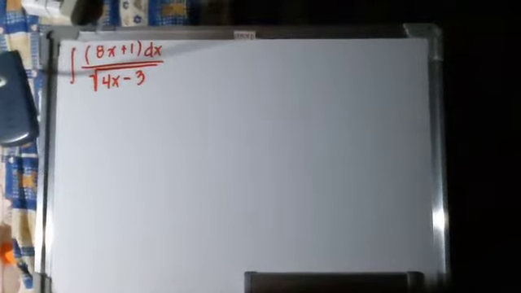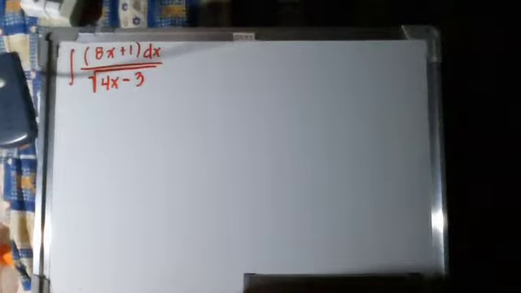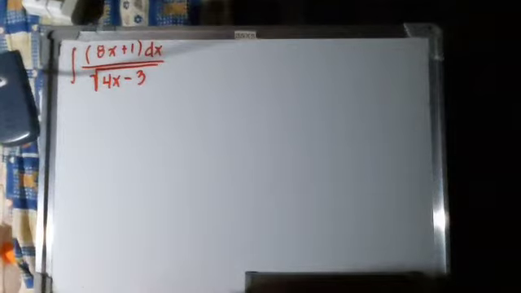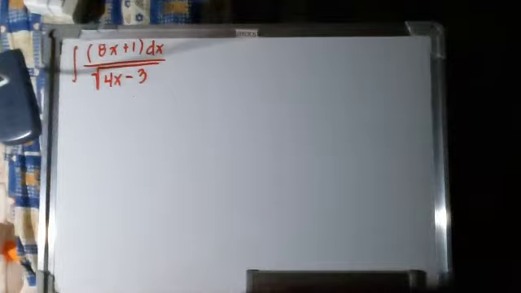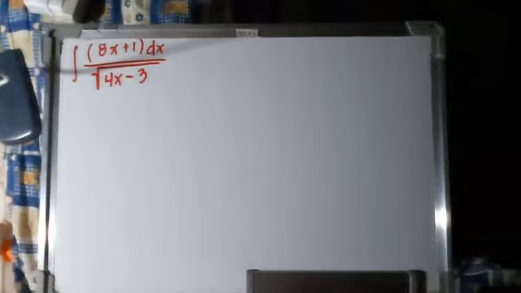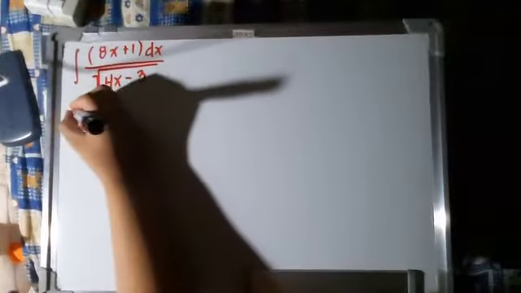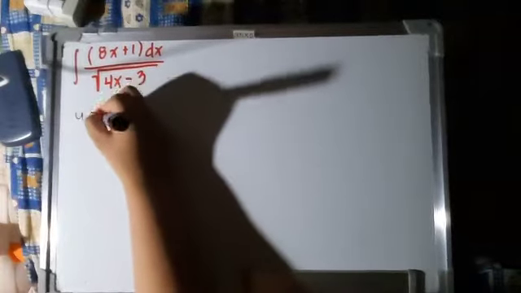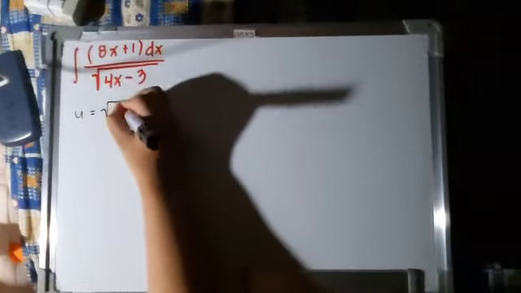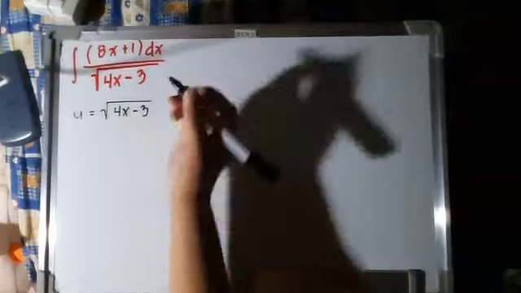Okay, for your last example, let's have the integral of 8x plus 1 dx over square root of 4x minus 3. So, dito, ang u natin is equal to square root of 4x minus 3.